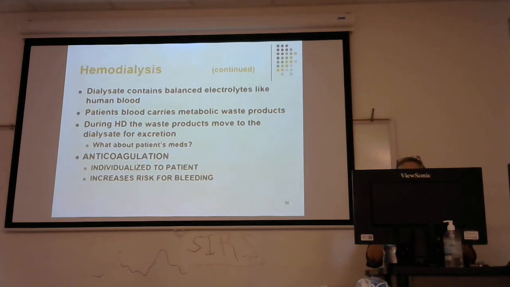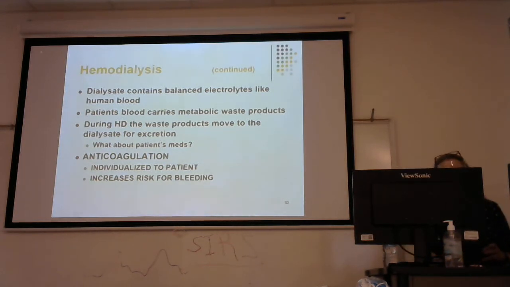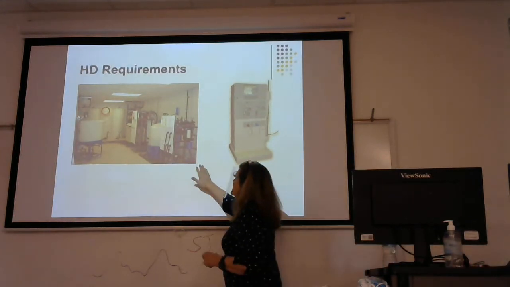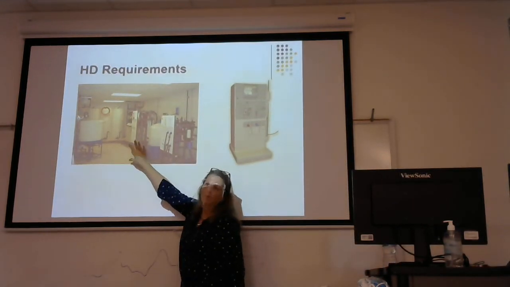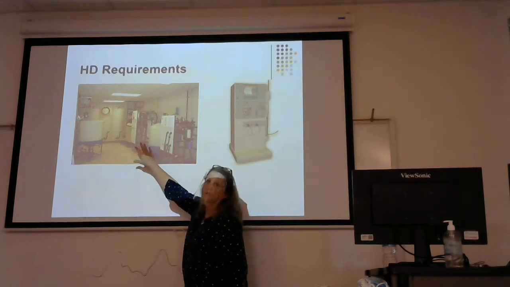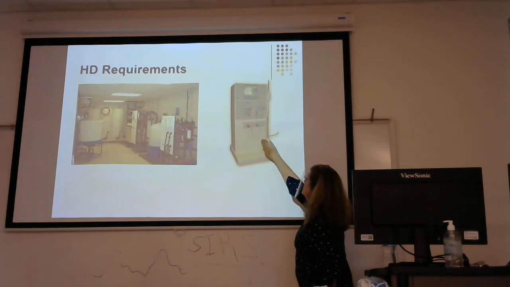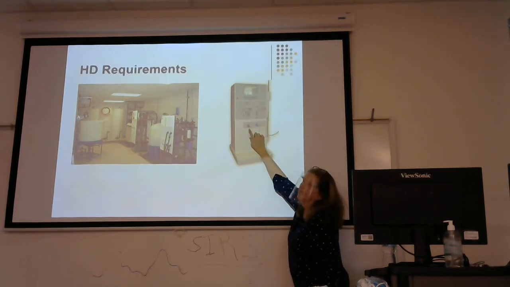Sometimes if your pressure drops, they can slow that down so it takes a little longer. And the heparin, okay? So here is where the baths are put together, the fluids that are going to be running through the machine. This is the machine. It hooks up arterial side and a venous side.